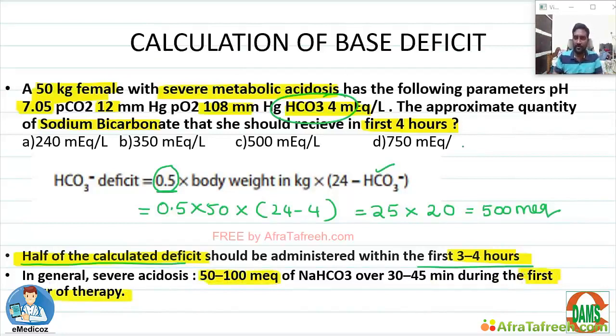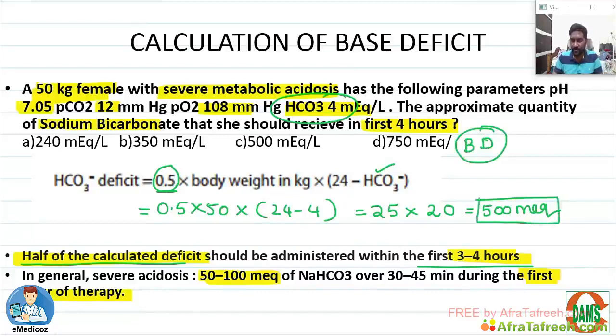If in the question they ask what is the patient's base deficit, the answer will be 500 milliequivalents. If they ask how much can be given during the first 4 hours, it should be half of this, so 500 by 2 in the first 4 hours.